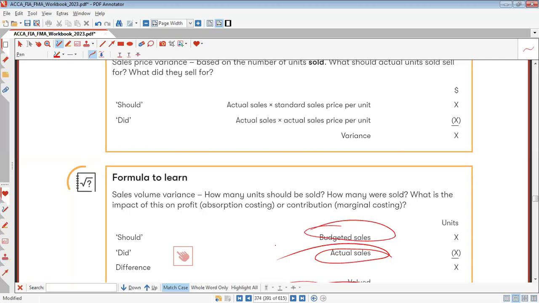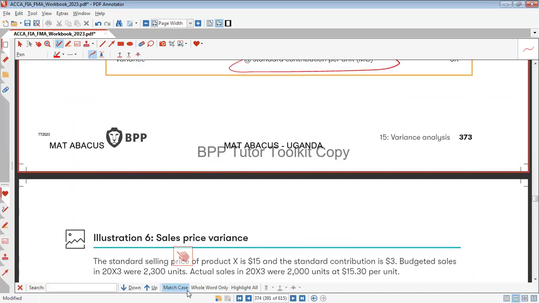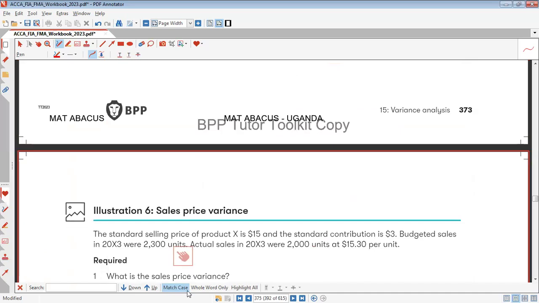The difference between planned sales units and actual sales units times either standard profit per unit. That means you have to compute standard profit per unit. Where do you get it from? Use budgeted figures to get standard profit per unit, or standard contribution per unit if you're using marginal costing. Do you have a question?